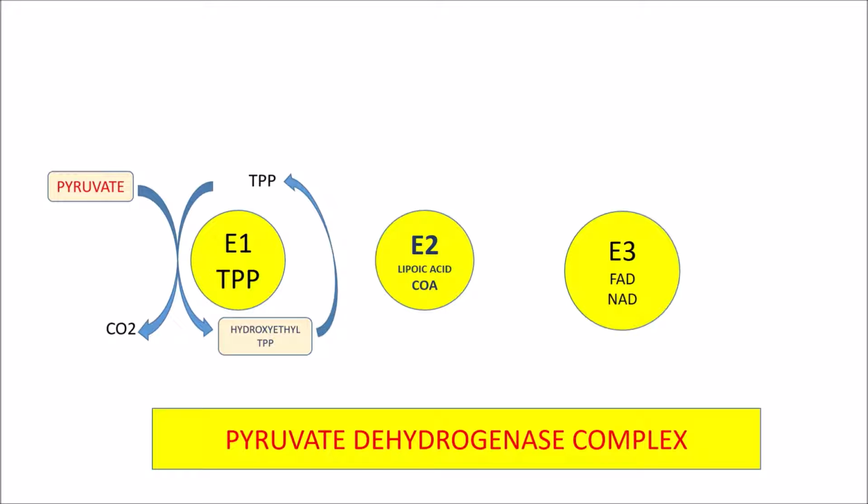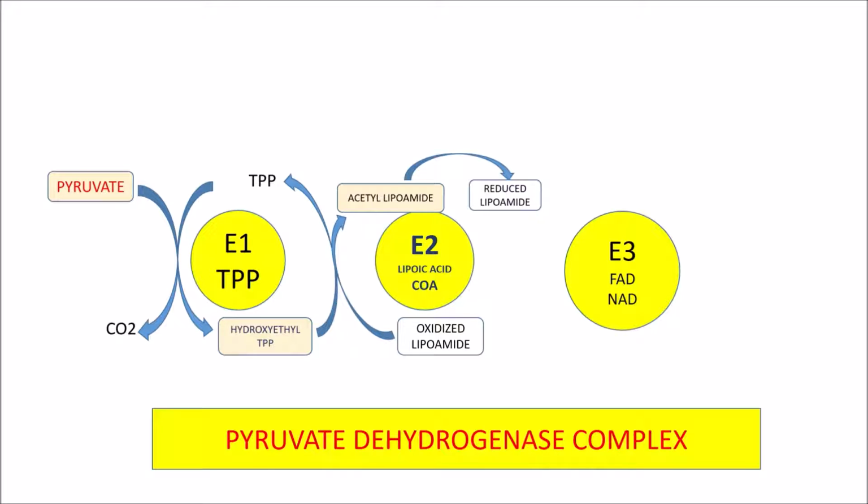And again, in the presence of the E2 enzyme, the lipoic acid is attached to this hydroxyethyl TPP and makes acetyl lipoamide, and the TPP is released. And again, the other coenzyme, coenzyme A, is going to add onto this acetyl lipoamide and form acetyl CoA and reduce the lipoic acid from that acetyl lipoamide molecule.